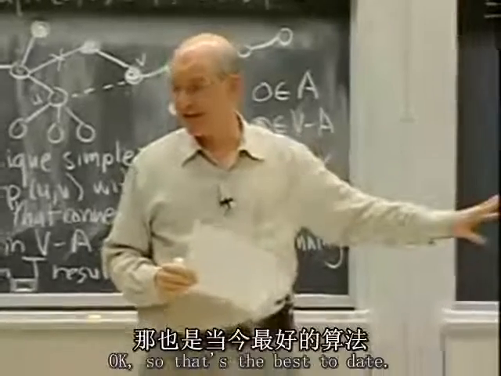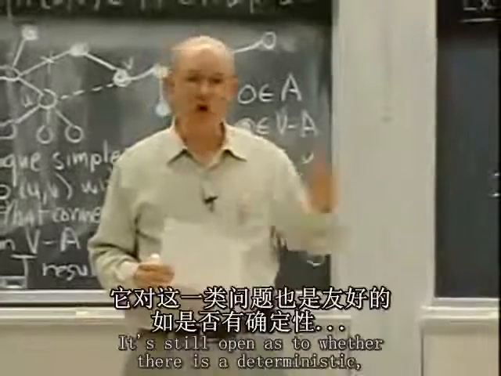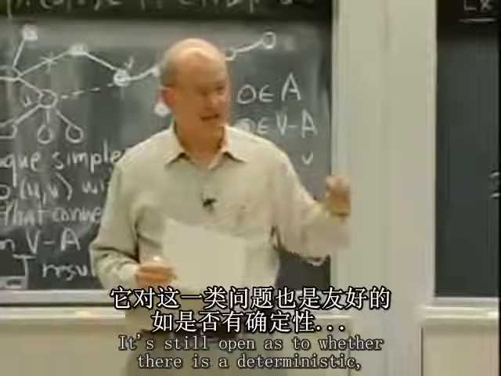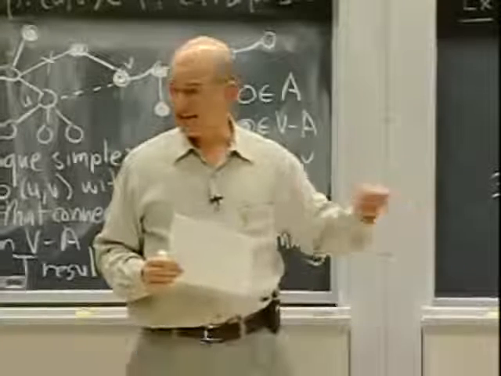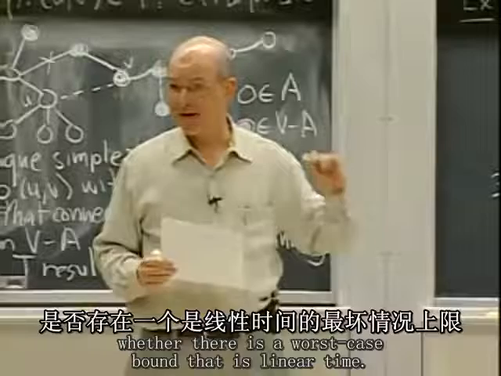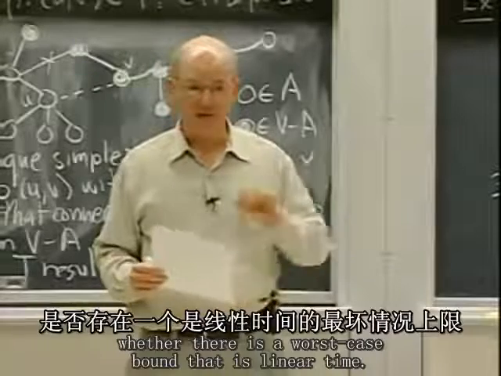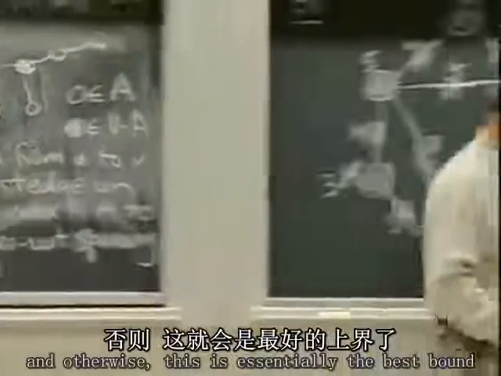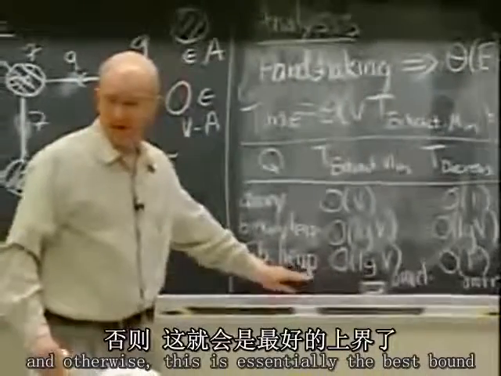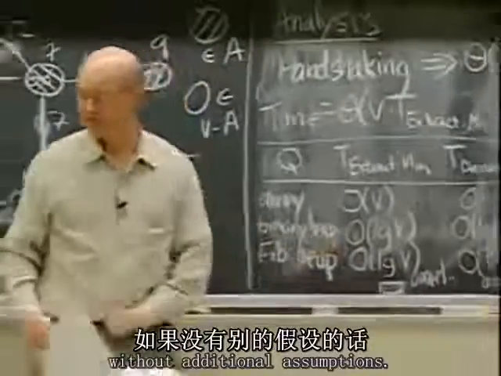So that's the best to date. It's still open whether there's a deterministic, worst case bound that is linear time. But there is a randomized linear time, and otherwise this is essentially the best bound without additional assumptions.